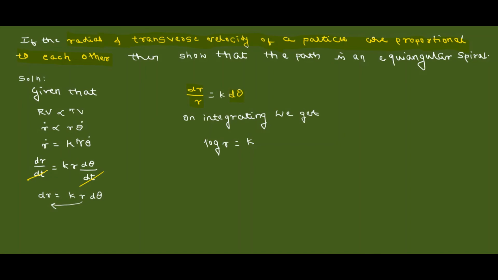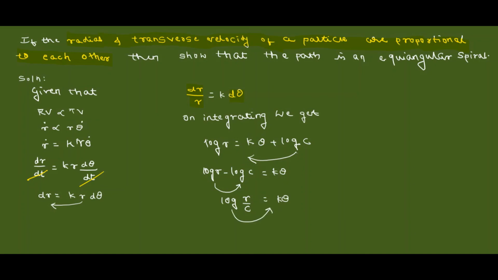Integration of d theta is theta plus, I will take the integrating constant log c. Transpose this log c to the left hand side. So logarithm of r minus logarithm of c is equal to k theta. And by using the logarithmic property, log u minus log v, we can write it as log u divided by v. So it is log r divided by c is equal to k theta.